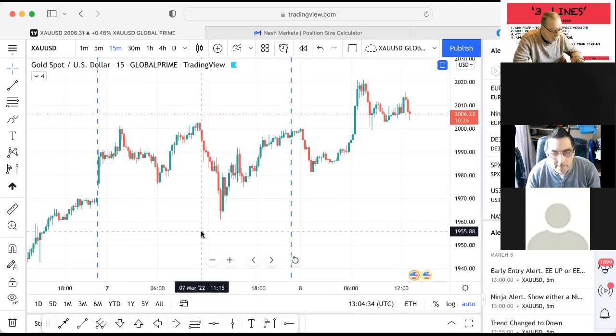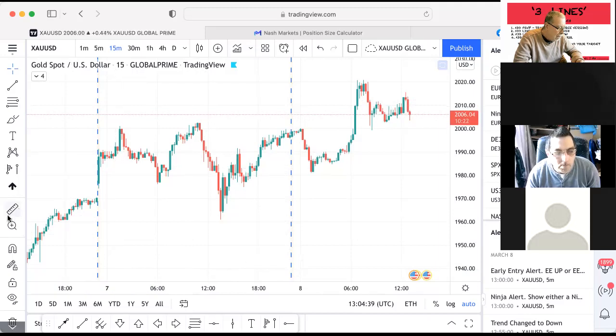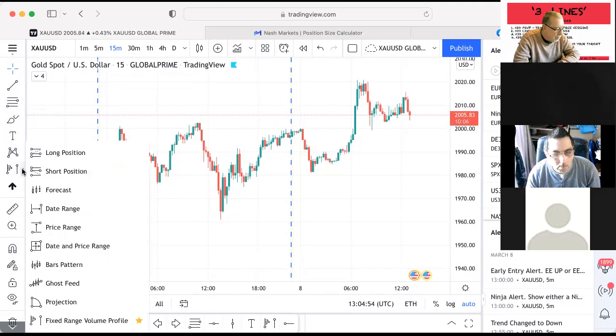on yesterday's trades, and to do this, if you've got a free version of TradingView, look on the left-hand panel. There are some icons, and if we go 1, 2, 3, 4, 5, 6, 7, if you click on the little arrow on the 7th one down, it will give you a drop-down menu, and you'll see fixed range volume profile.